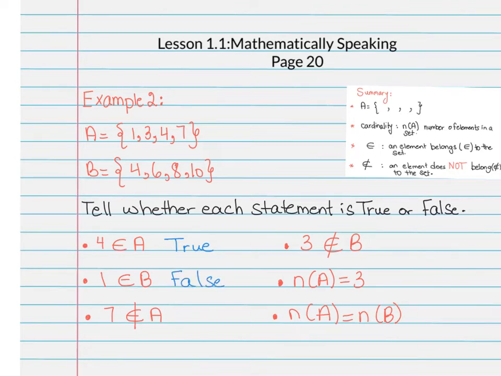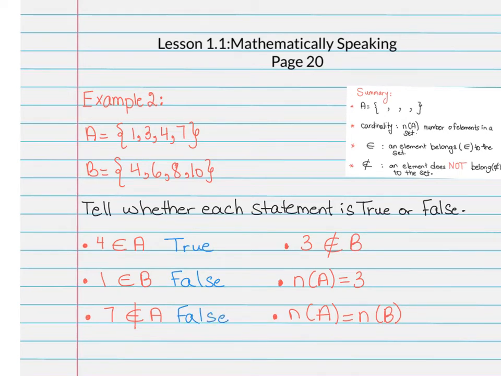The third statement, 7 does not belong to set A. So based on the statement, 7 should not be in A. Let's see. No, unfortunately, 7 is in A. So this statement here is false.